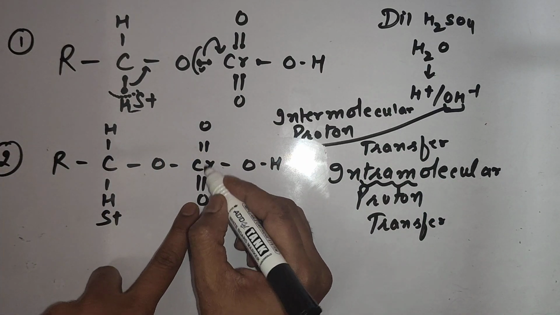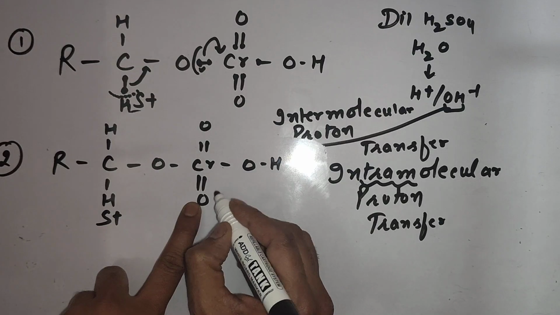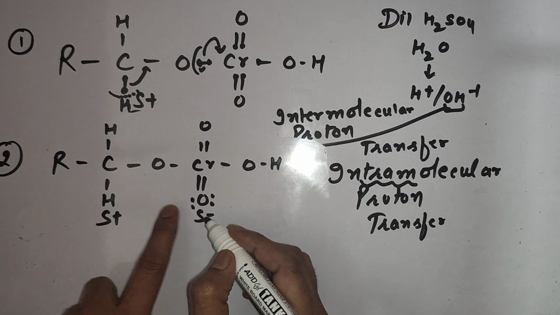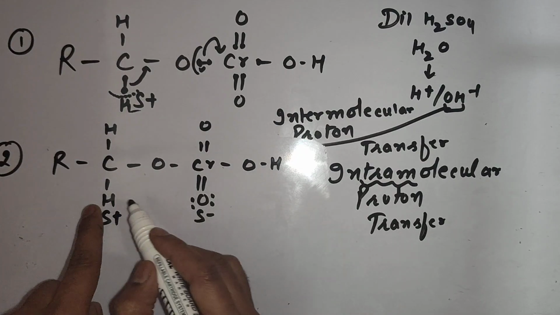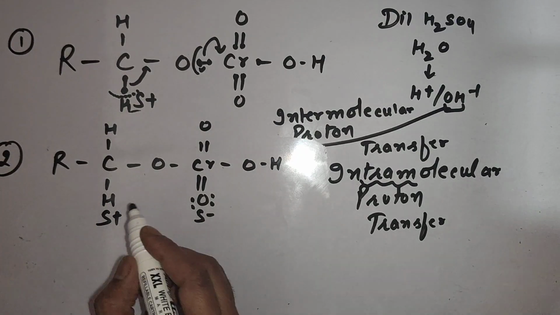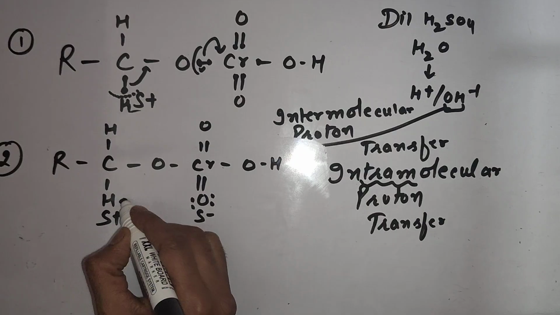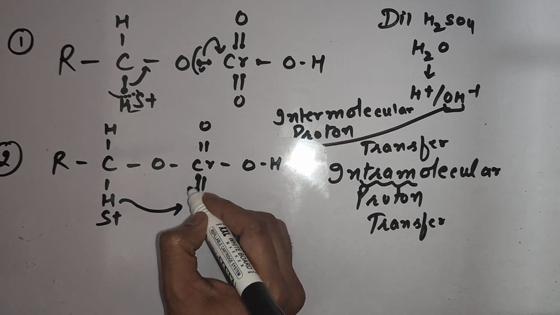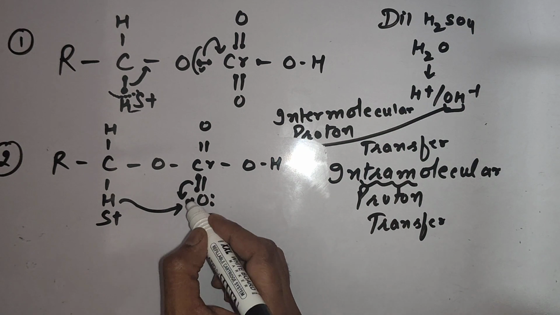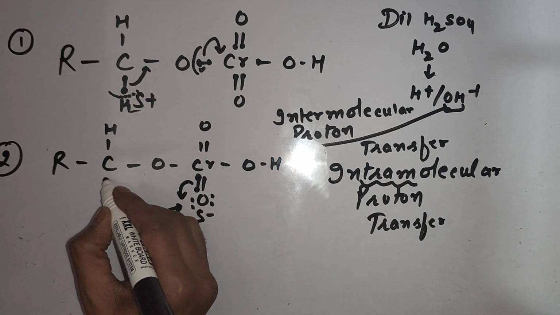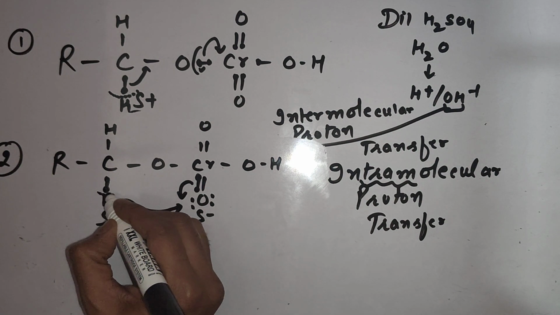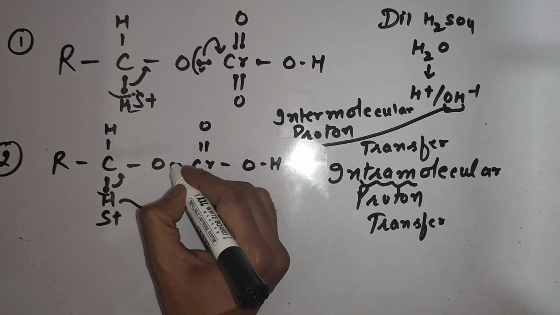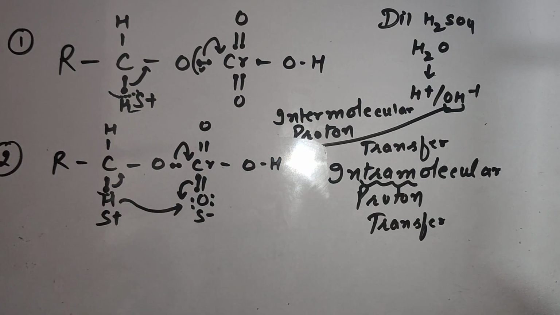Yes, these oxygens which are connected with chromium, we know due to higher electronegativity, are strongly negative. This is strongly positive. So between them, interaction can be there. So this hydrogen can be attracted by this oxygen. And obviously oxygen will break bond from chromium and will shift electrons toward itself for the bond formation with hydrogen. And these electrons will go toward the carbon side, which it will use to make bond with oxygen. So obviously, bonds will break like this.